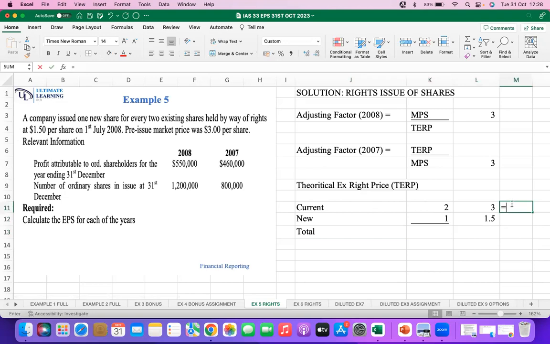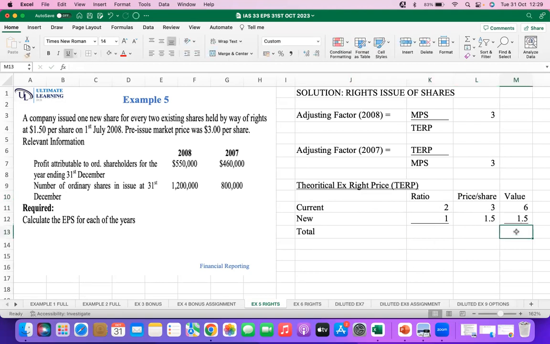So that gives us 2 times 3 for the value of the current, and 1 times 1.5 for the value of the new. Remember, this is the value, this is the ratio, and this is the price per share.